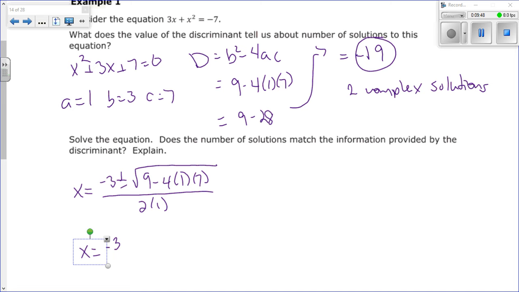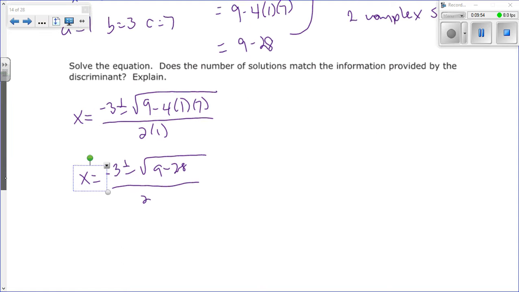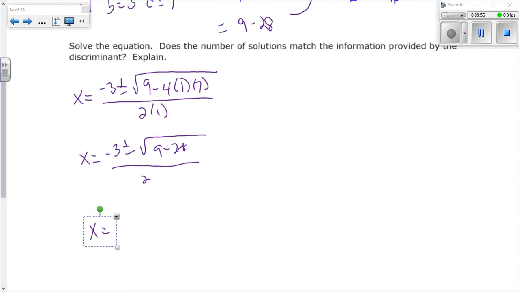So x equals negative 3 plus or minus the square root of 9 minus 28 over 2. So x equals negative 3 plus or minus square root of negative 28 over 2.